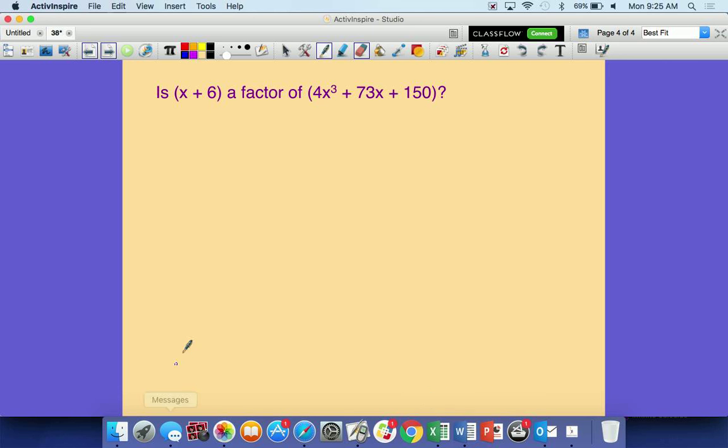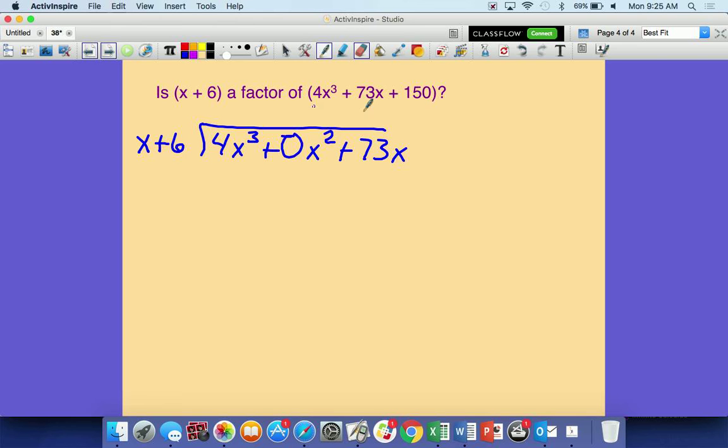So what I would try and do is I would try and divide them out again. Okay, and now what we are looking for is we're looking to see if x plus 6 goes into this one completely evenly, so no remainder. Also realize here that when we're dividing this out, I don't have an x squared term, so I gotta put in a 0x squared here.